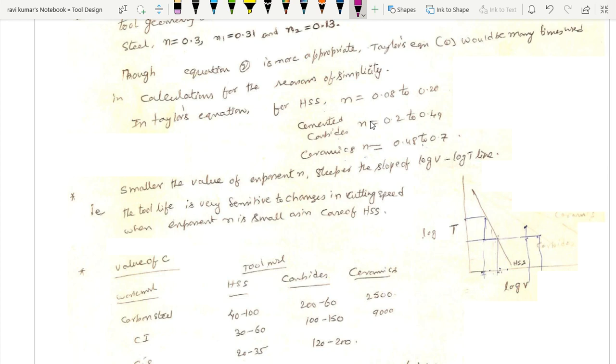But in case of HSS, where the tool life exponent is smaller, the life of the cutting tool will fall drastically as the cutting speed increases, right?